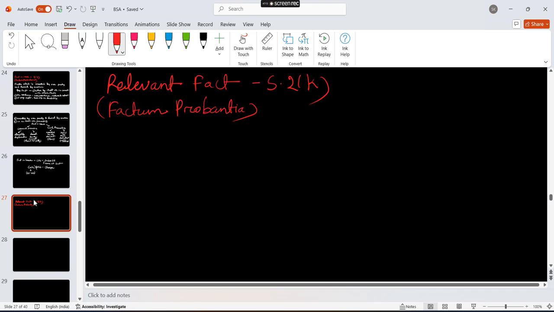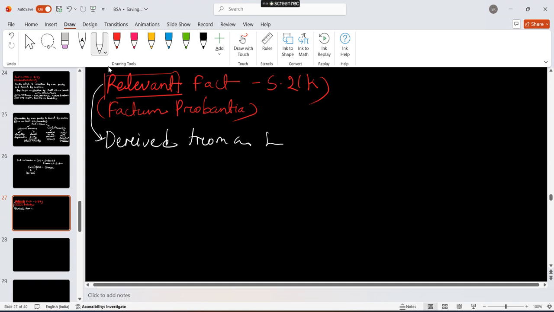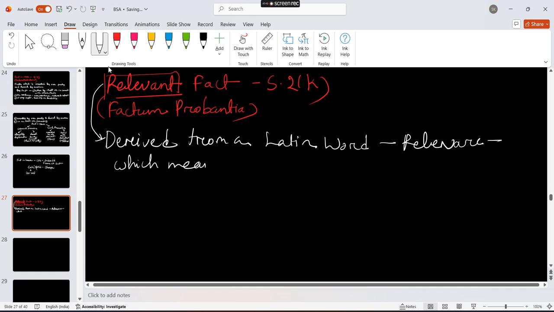Okay, and the term relevant is derived from a Latin word, relevare, and relevare means legally pertinent.